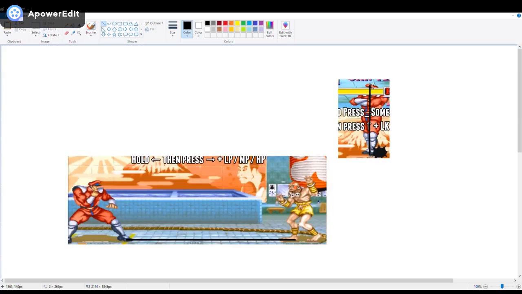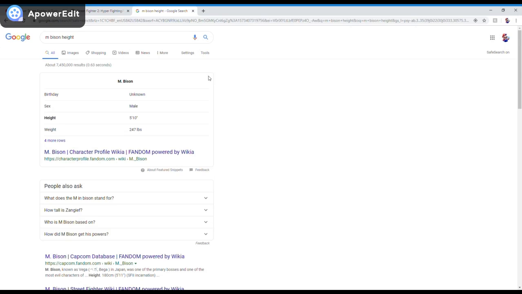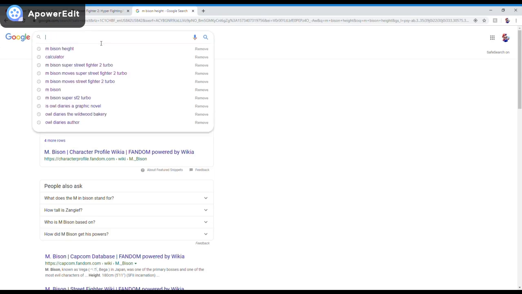M. Bison is likely a lot more simplistic character in general. So, first taking the measurements of his height, 265 pixels. Now we can take how long he travels with the scissor kicks. This is to measure his speed, which he can travel 629 pixels in that distance. So now we can take his height, 5'10".